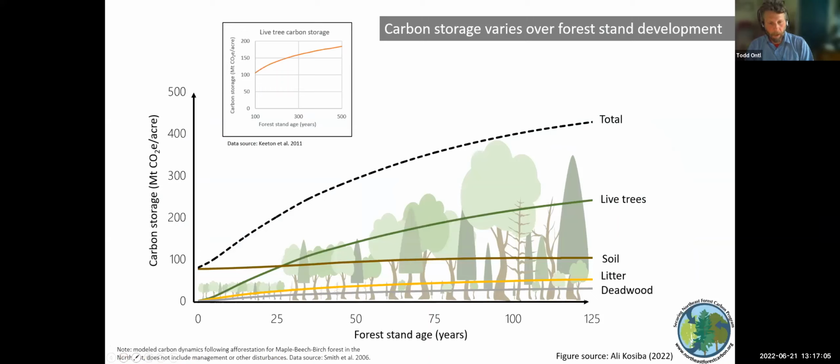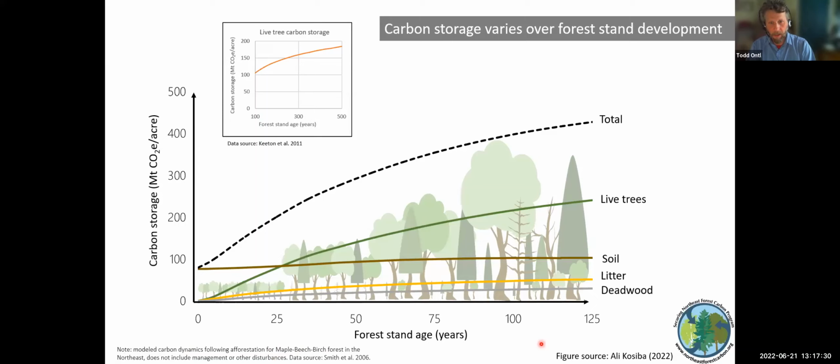Now this figure is just another way of looking at that carbon storage between young and old forests. This is looking at carbon storage dynamics across forest stand ages. And you can see here, we've got multiple carbon pools indicated. The total amount of carbon in a forest ecosystem is shown in that dashed line on the top.